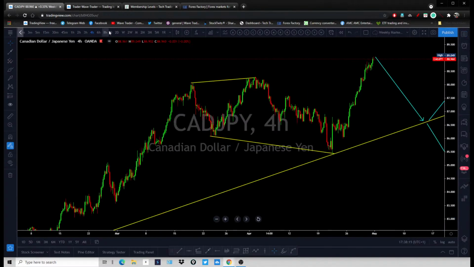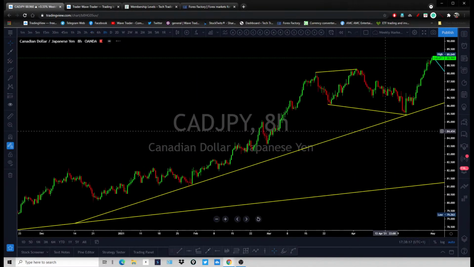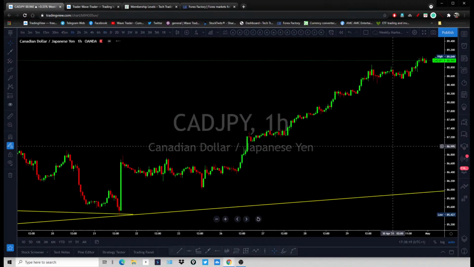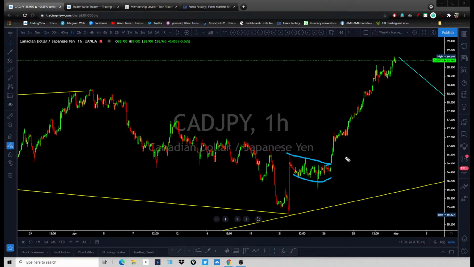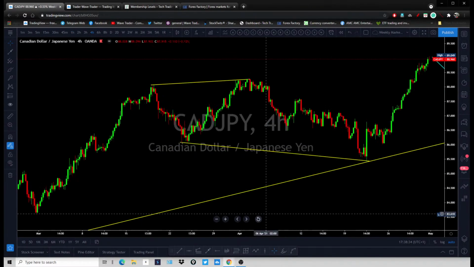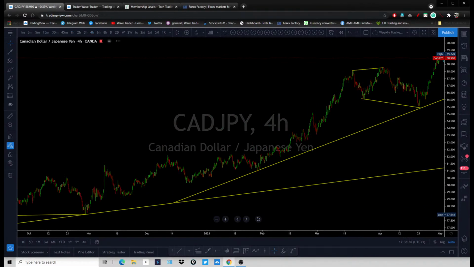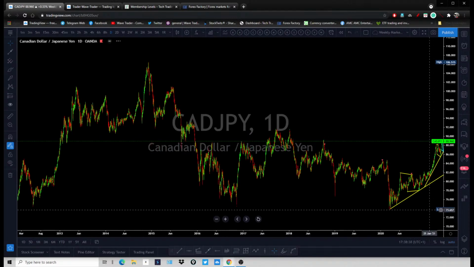So Cad Yen. Last week we were expecting Cad Yen to break out, if you guys remember. I was expecting it to break out of this correction and go up to that high before dropping. We are having more strength on the Cad Yen. Cad Yen is also going to drop, but at the end, so it can slightly push higher.